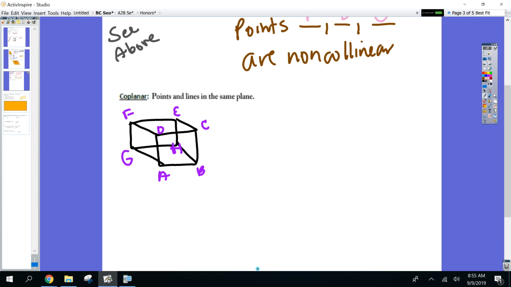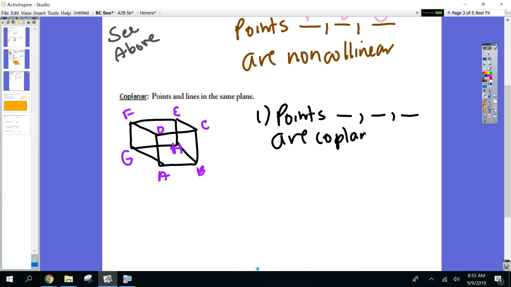So let me start with the points first. I need 3 points that are considered coplanar now. 3 points that are coplanar. Basically, 3 points that make up one of the 6 faces you told me there were. Again, 2 out of 3 won't cut it.